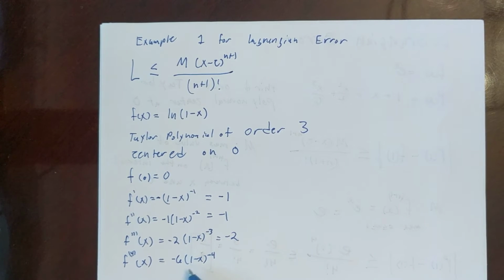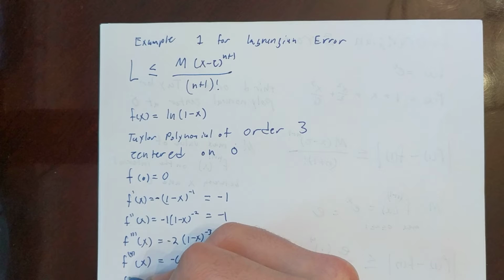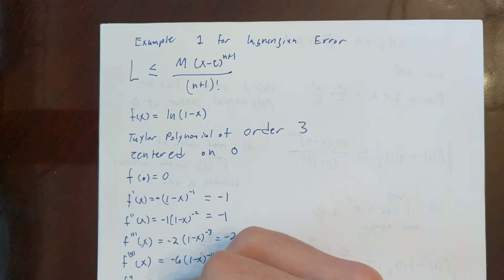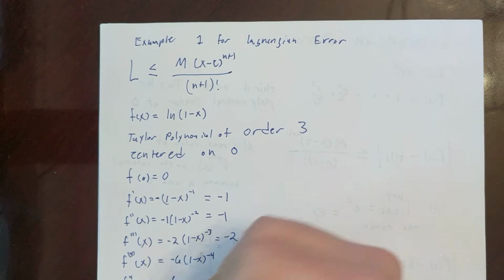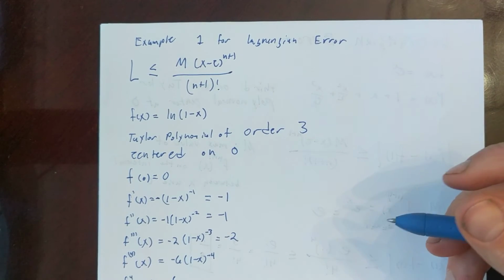In fact, that's going to be true on the interval from 0 to negative 1. And so x being 0 is actually our maximum. So the fourth derivative max of x is in fact negative 6, but we actually only care about the absolute value of it anyway.